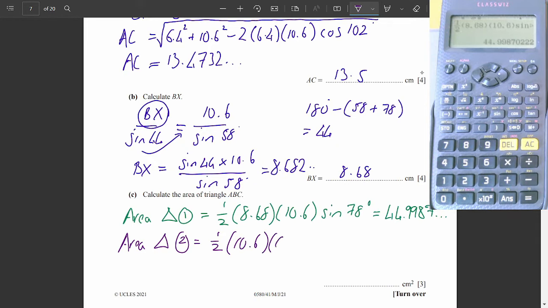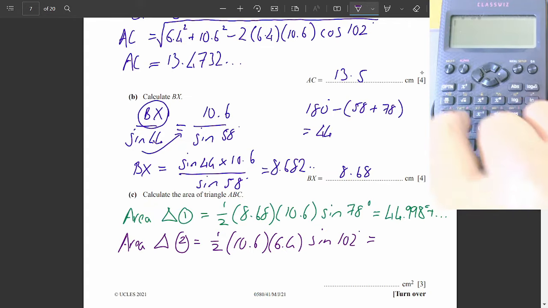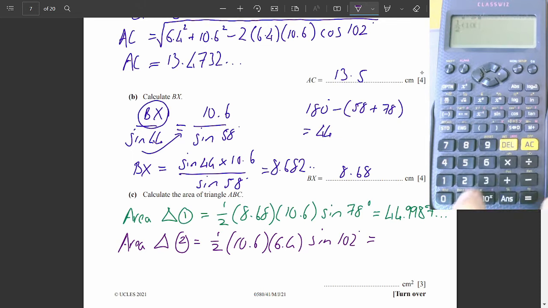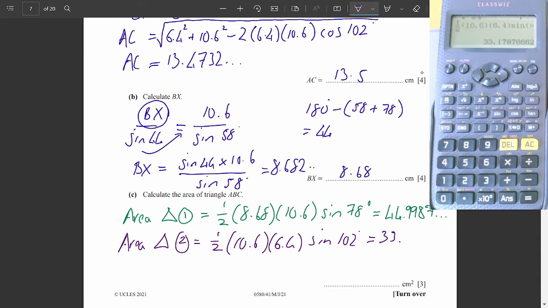The other side was 6.4, and the angle in between was 102. Let's hammer that into our calculator. 1 over 2, 10.6, 6.4, 102, equals, we got the other answer, 33.1787.